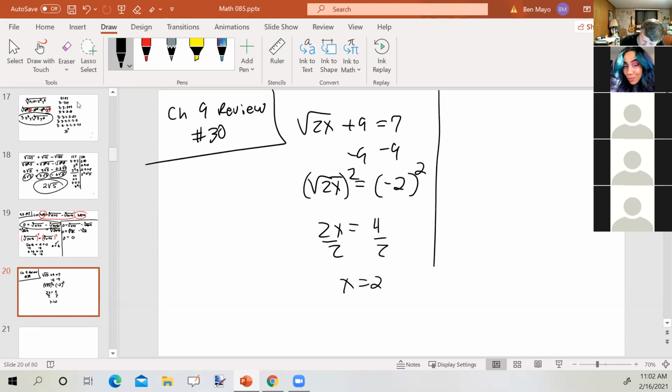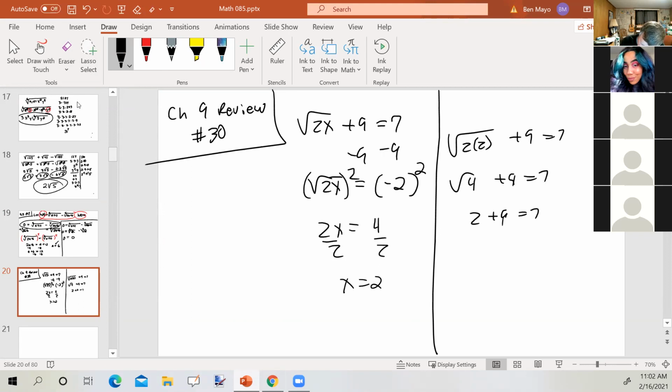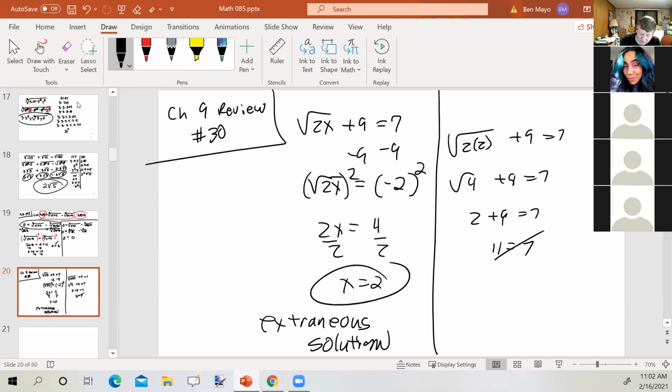But if I plug that into the equation, I get the square root of 2 times 2 plus 9, 4 plus 9 is 13, and 11 equals 7. No, it doesn't. So extraneous solution. So you'd say 2 is the answer you got, but it doesn't work.